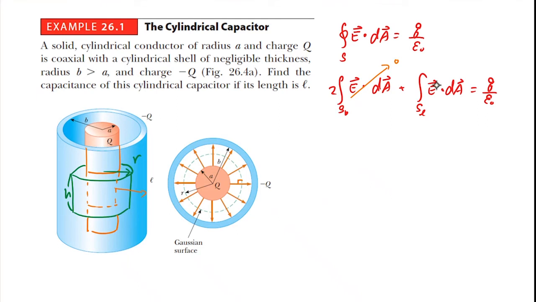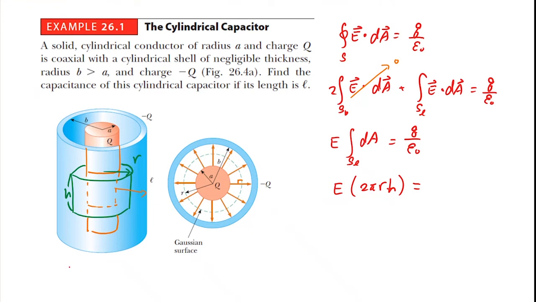Then the electric field becomes constant, so you can take it outside like this. So far so good? Now we calculate the lateral area of the cylinder Gaussian surface, and that happens to be 2 pi r h.